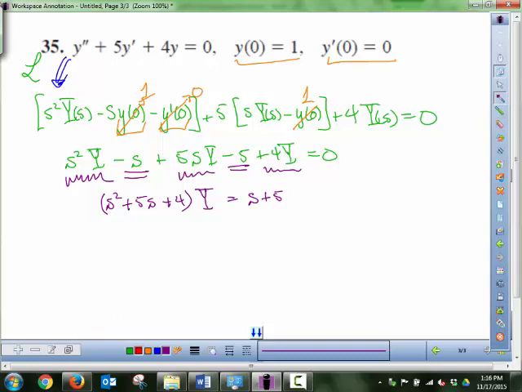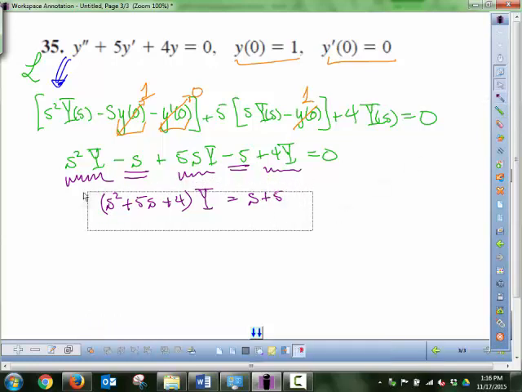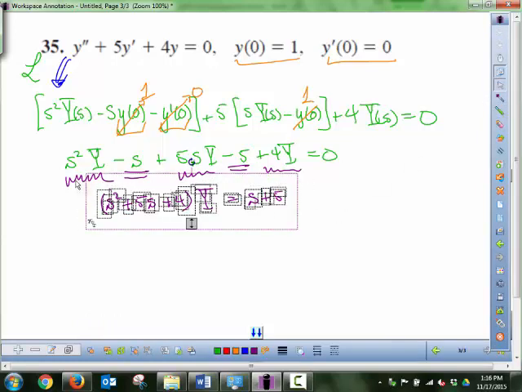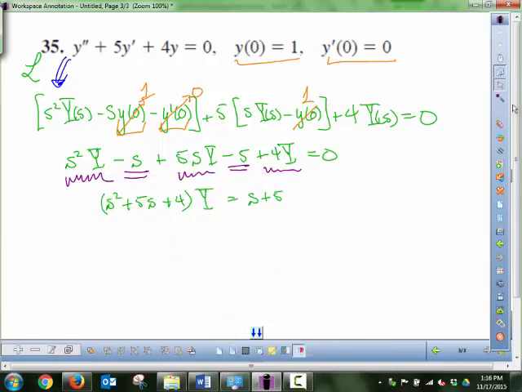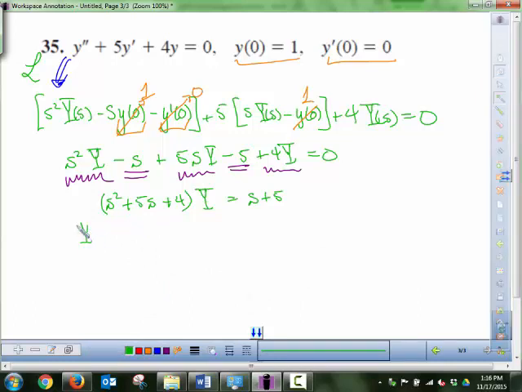I just changed colors, huh? Let's change that back to green. Okay, so now continuing on here, I get Y is equal to s plus 5 divided by s squared plus 5s plus 4.